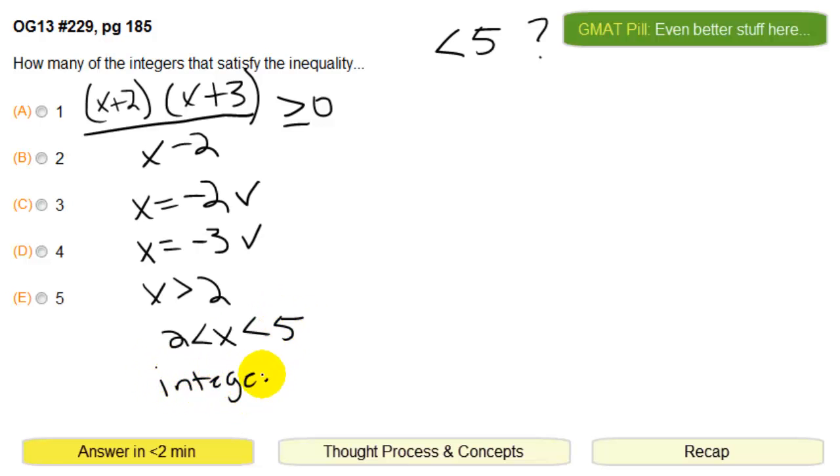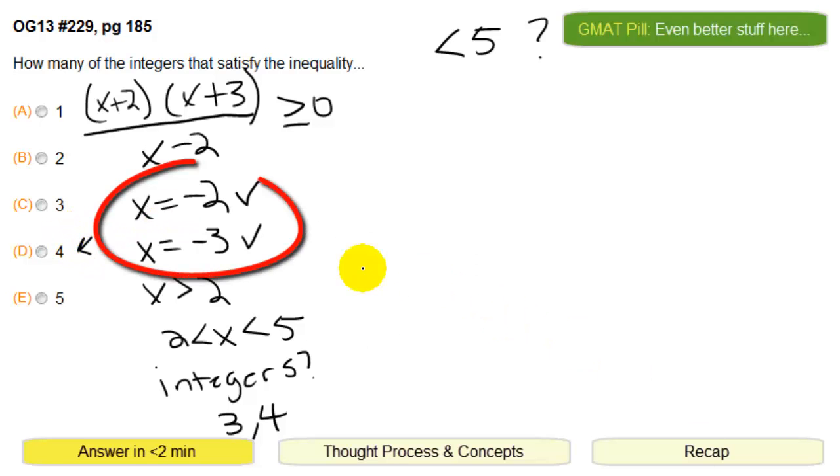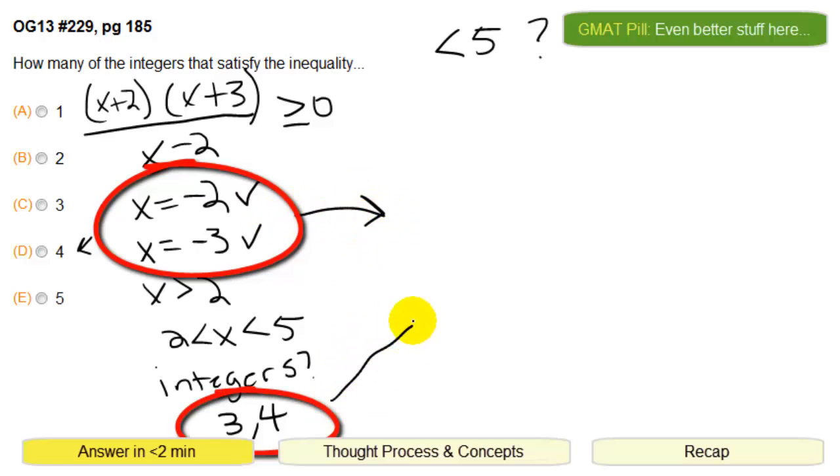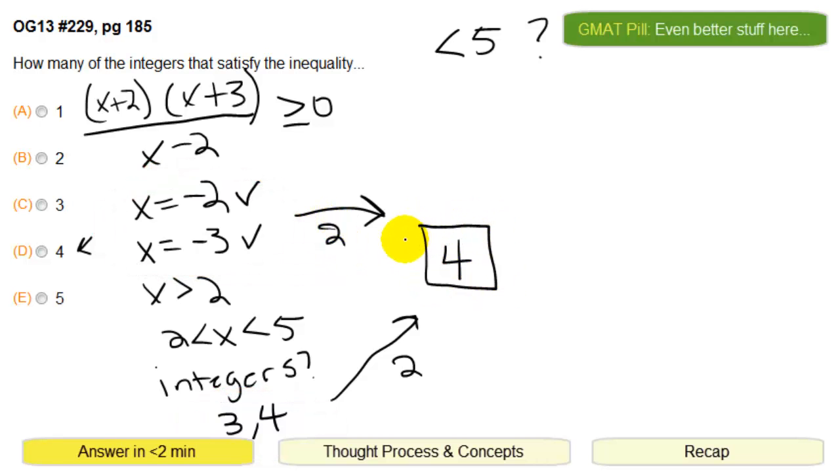Well, we have basically 3 and 4. So these are 2 integers plus the 2 that we got, minus 2 and minus 3. That's a total of 4. So the answer is D, 4. Again, you have 2 in this direction and 2 in this direction. So these two combined give you a total of 4.